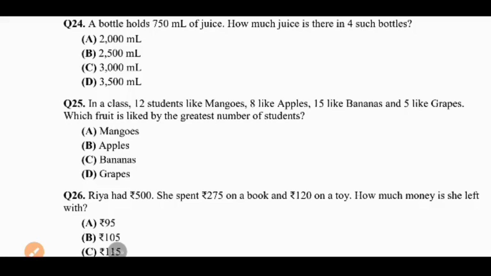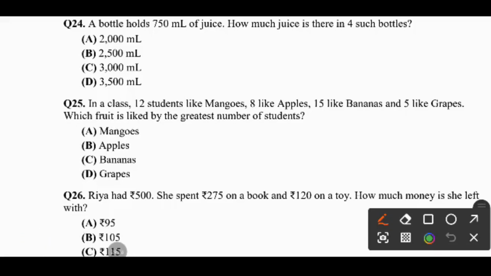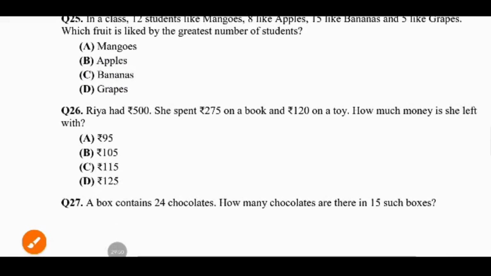Now we will be comparing the numbers. On comparing 12, 8, 15, and 5, the greater number is 15. So, the right answer will be C, 15 bananas. Easy.